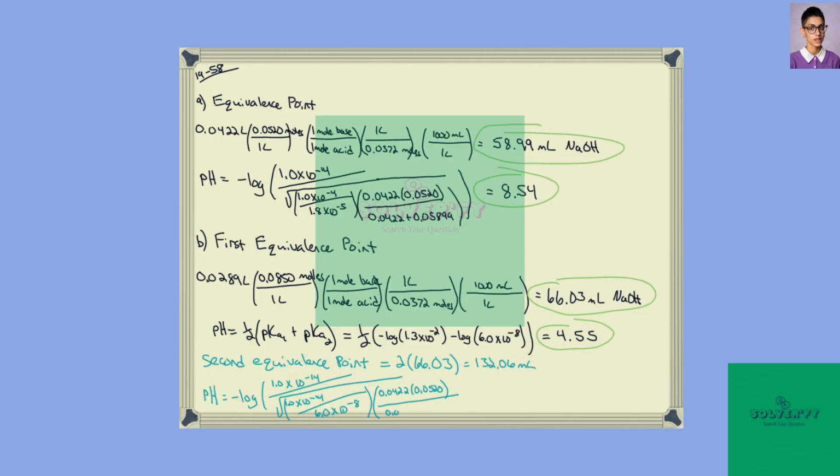Divide by the new volume, the 42.2 milliliters, or 0.0422 liters, plus the volume we just added, 132.06 milliliters, or 0.13206 liters, and we get a pH of 8.33. As we expect, we should see an increase in pH from the first equivalence point in comparison to the second equivalence point.